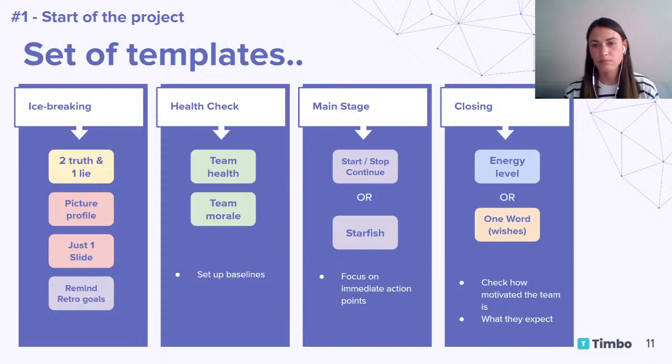And to finish that on a positive note, you can try one word technique. Just ask the team to show what they wish, just in one word, what they expect of this project to be. Do they expect success or lots of new challenges or some experience?